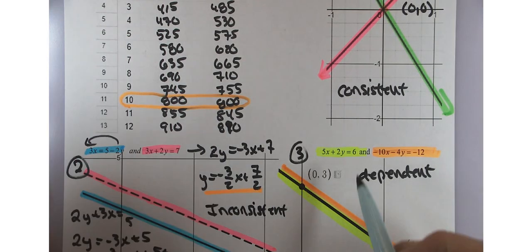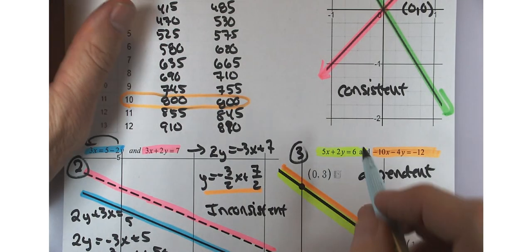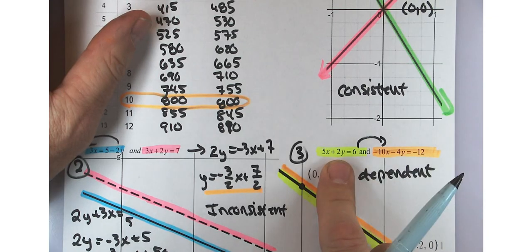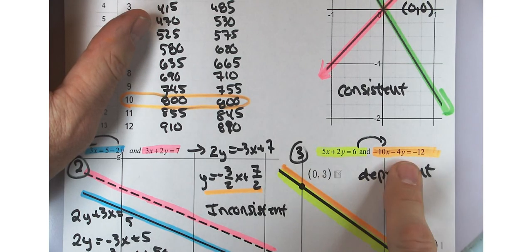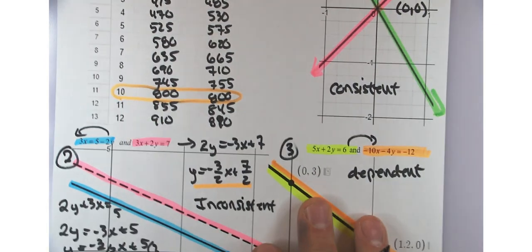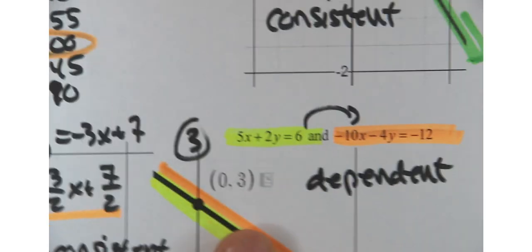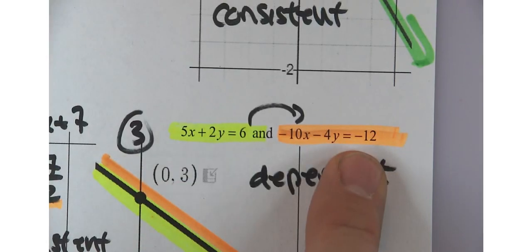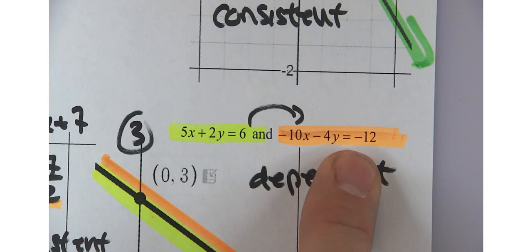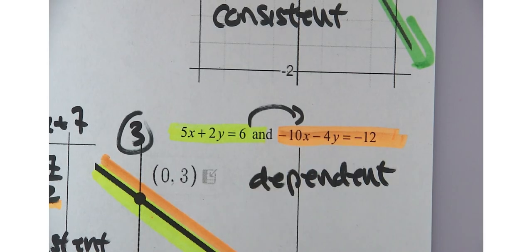Can anyone see a way that I could go from here to here? What do I have to do to this equation to end up with this equation? Yeah, you multiply by -2. And multiplying by -2 doesn't really change the line. I've got different looking numbers, but it's still the same equation. So that's why you get one of these right on top of the other, and you end up with a dependent system.